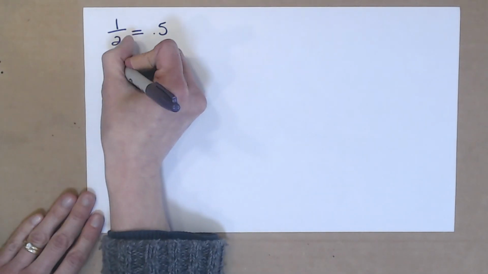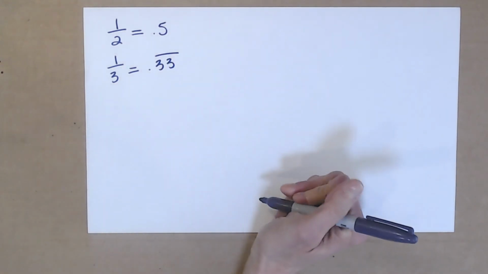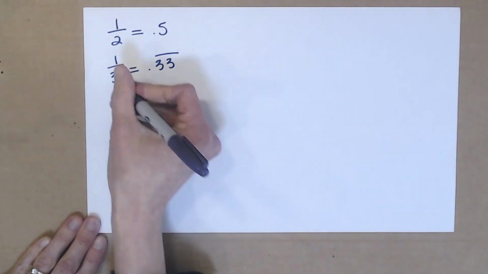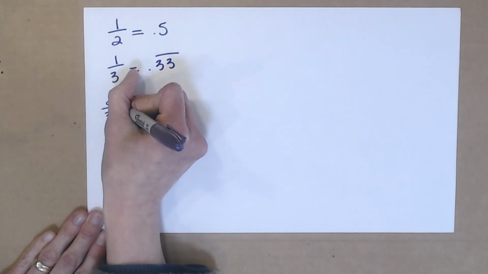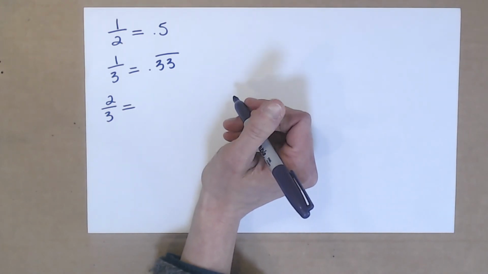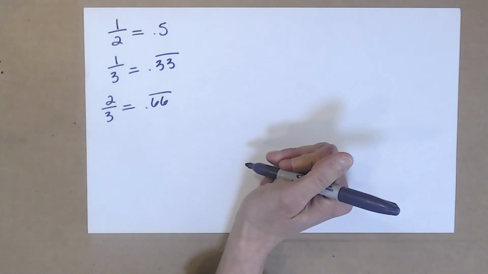You want to have memorized that 1/3 is 0.3 with the 3 repeating, 0.33 if you round it to the hundredths place. So then also, likewise, 2/3. I want you to know that if 1/3 is 0.3 with the 3 repeating, then 2/3 is 0.6 with the 6 repeating.